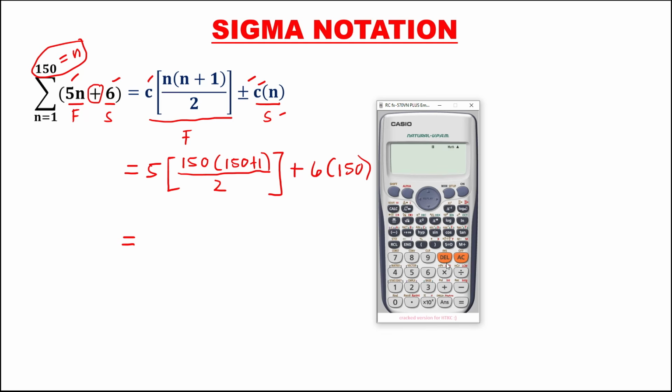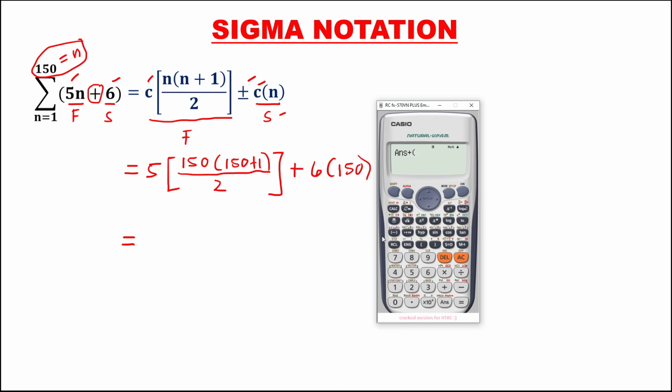Again, we need to solve first what is inside the parentheses. So this is 150 times this 150 plus 1, that's 151. Then divide by 2. Then we have this times 5 equals, then plus.